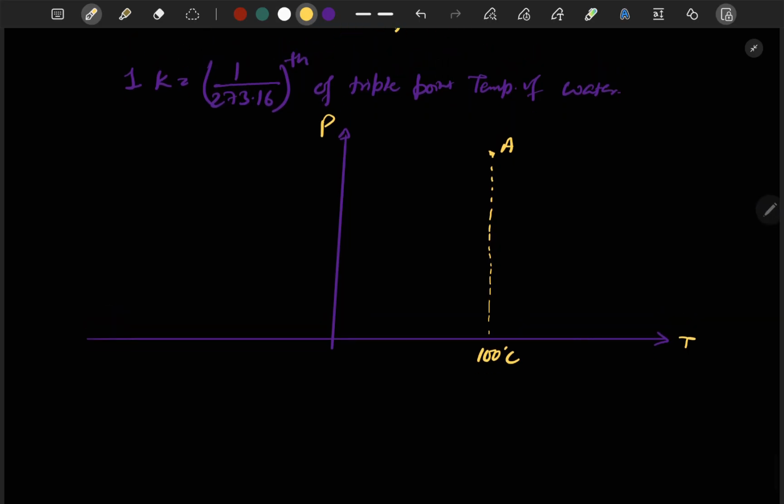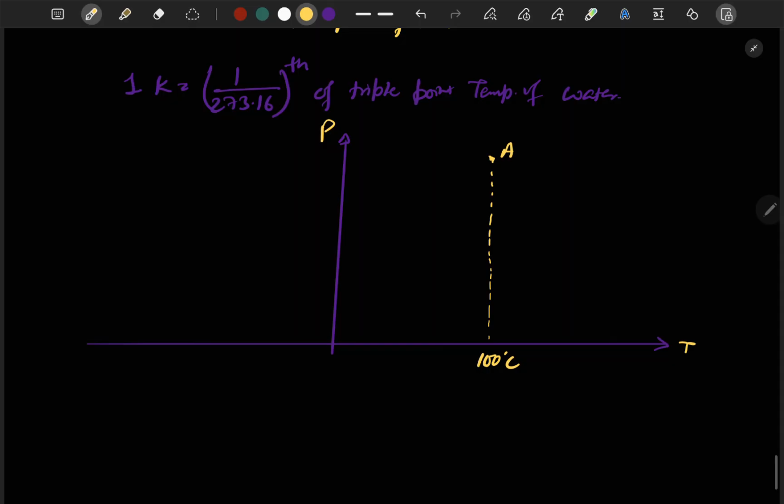We have already seen the definition of 1 Kelvin, that is 1 upon 273.16 of the triple point temperature of water.